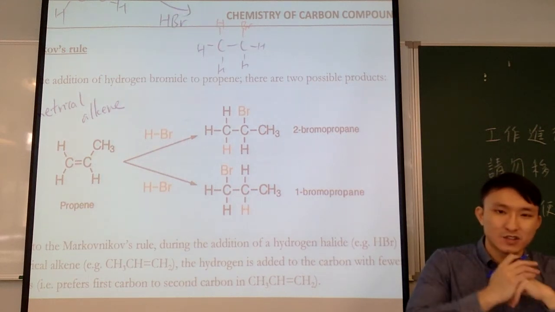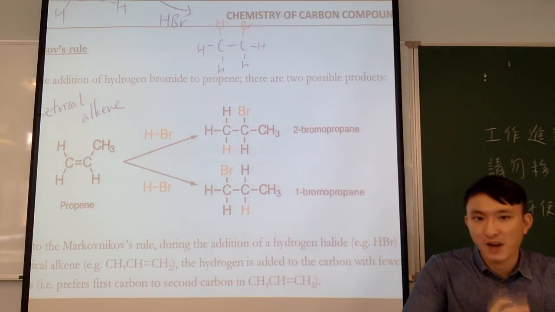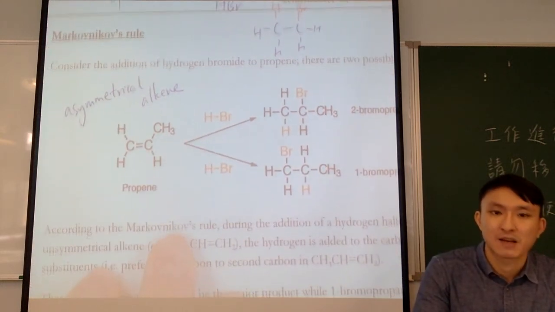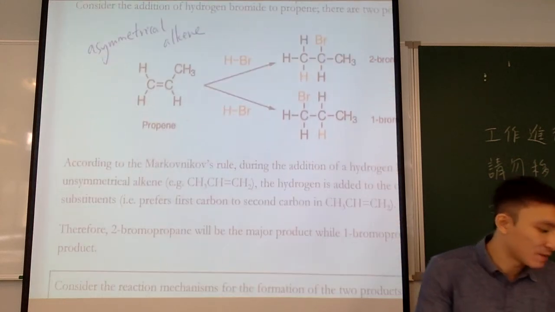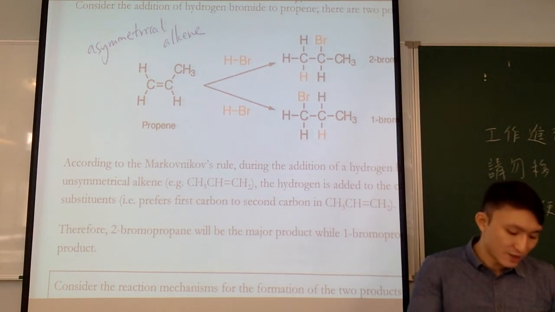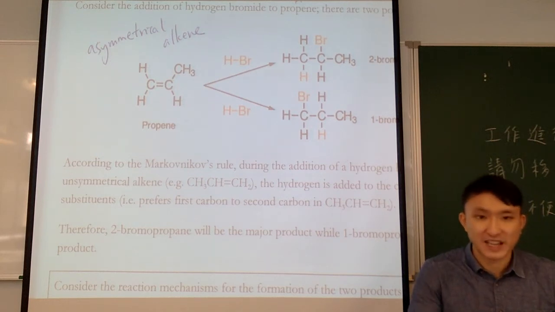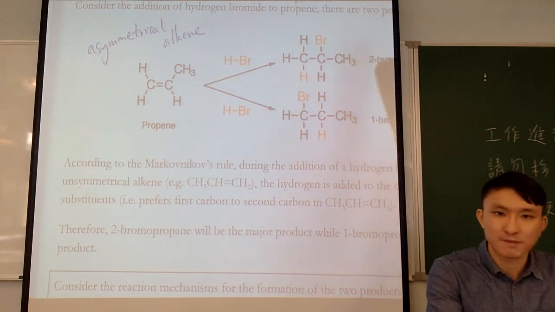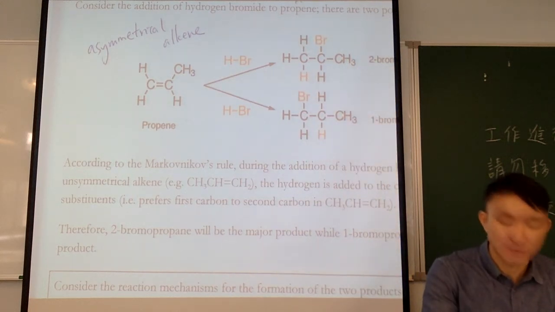Now, to predict which one is the major product, we need to follow Markovnikov's rule. So Markovnikov, this guy, proposed a rule allowing us to predict which position isomer would be the major product.